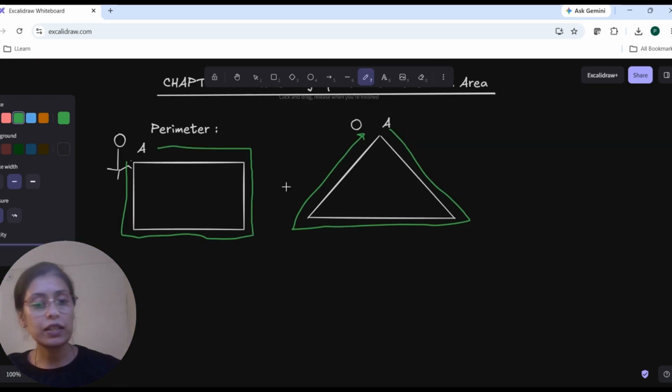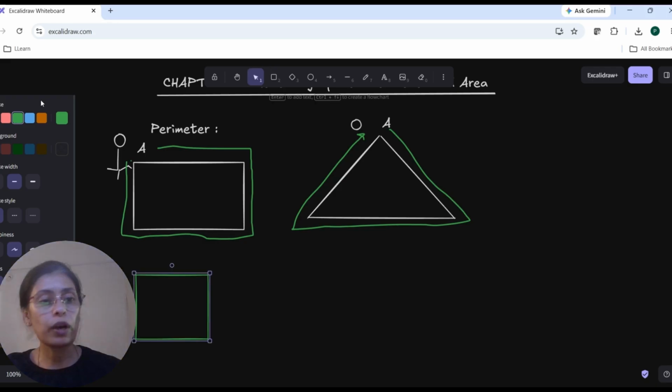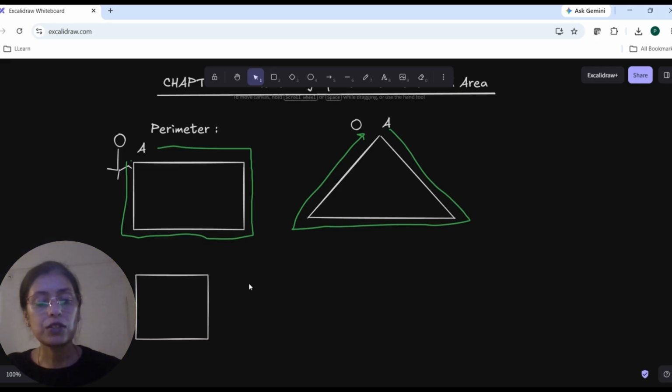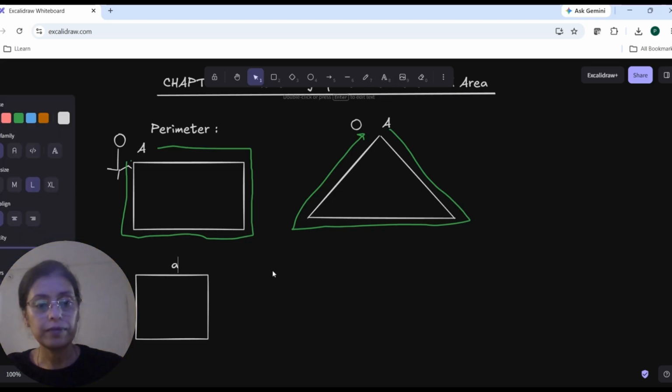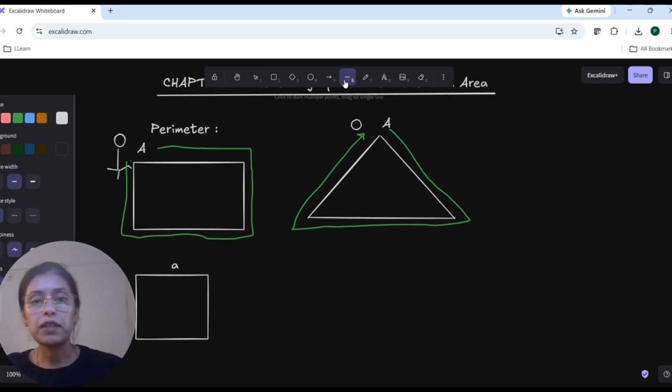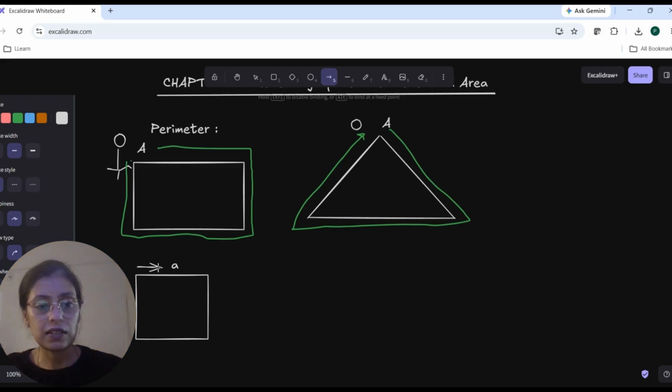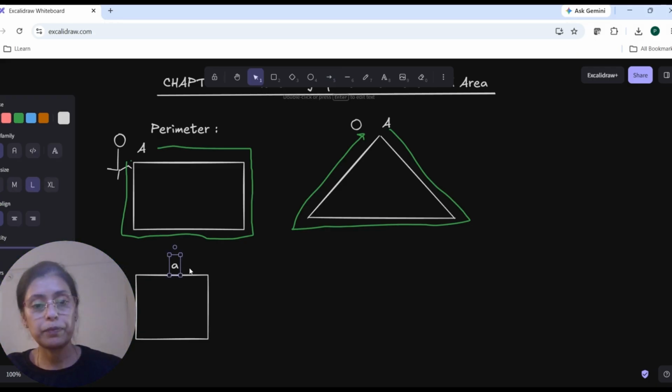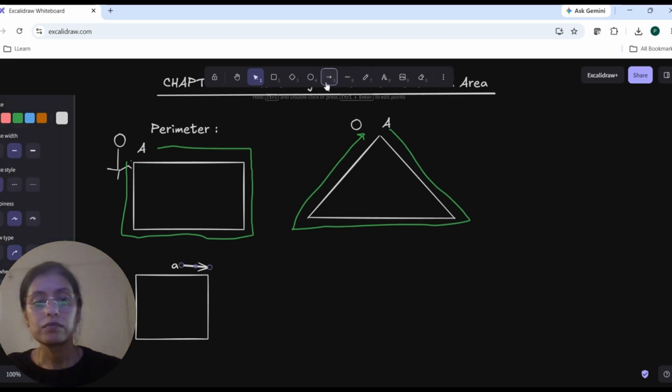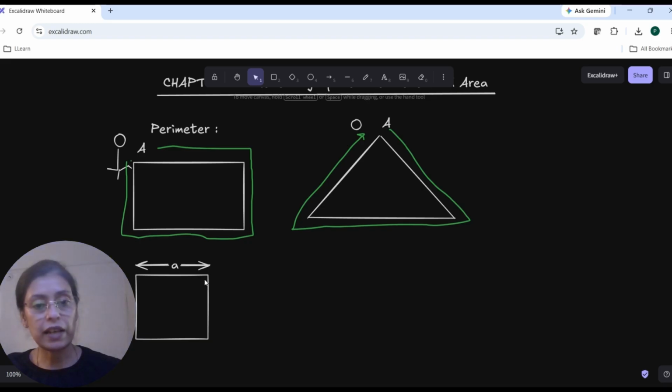In the earlier grades, you have already learned, right? For example, if you have a square of side A, this distance is one side of the square.